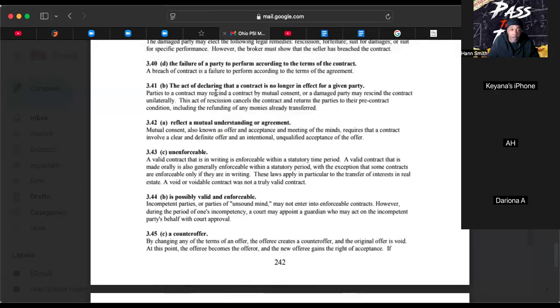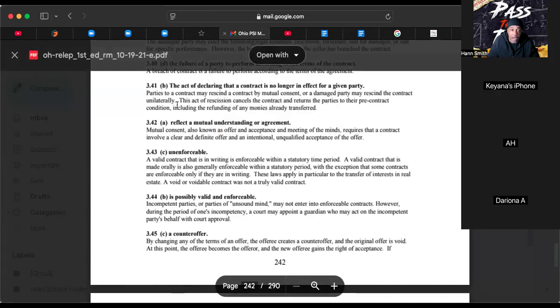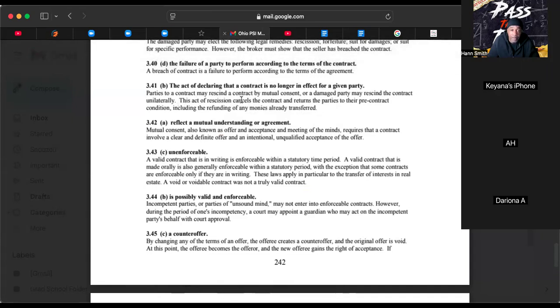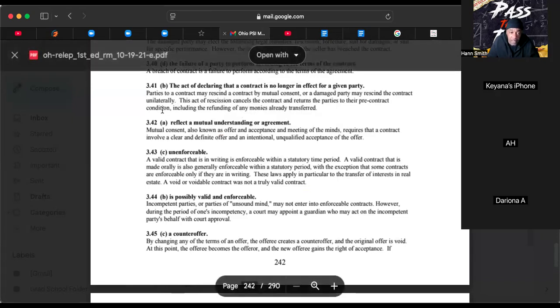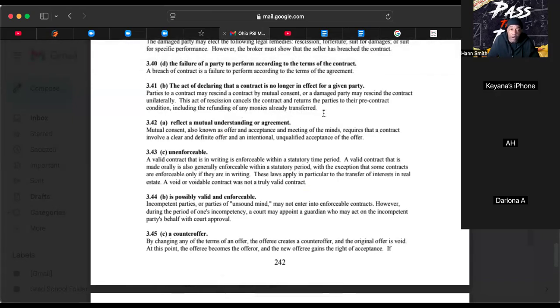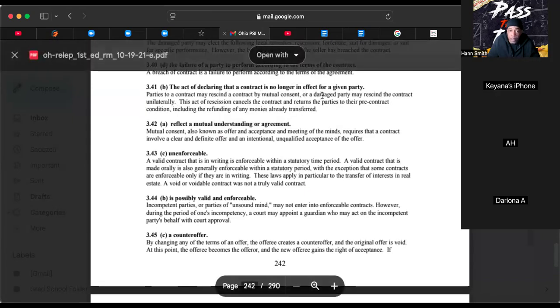The parties to a contract may rescind a contract by mutual consent, or a damaged party may rescind a contract unilaterally. The act of rescission cancels the contract and returns both parties to their pre-contract condition, including the refunding of monies already transferred. I just don't like that question, though, to tell you the truth, because it says the act of rescission cancels the contract and returns the part, not that part.